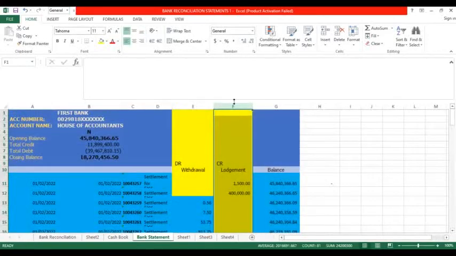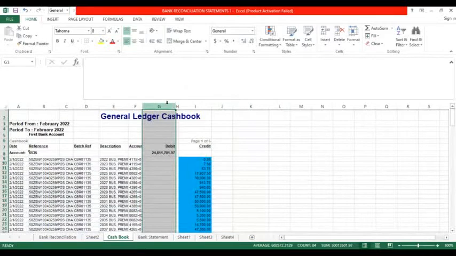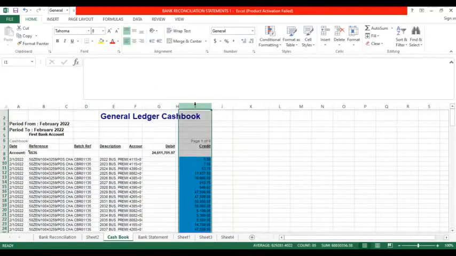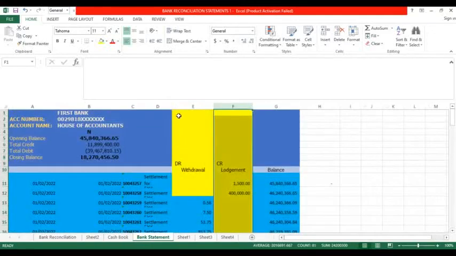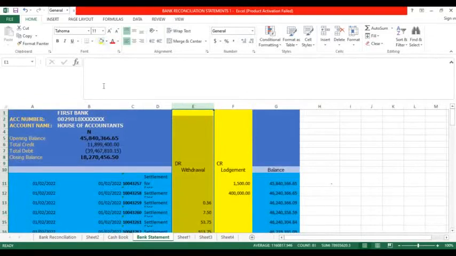Credits in bank statements will be debits in cash book. Then credits in cash book, that is this figure, will be what? Debits in bank statements. So it is opposites.